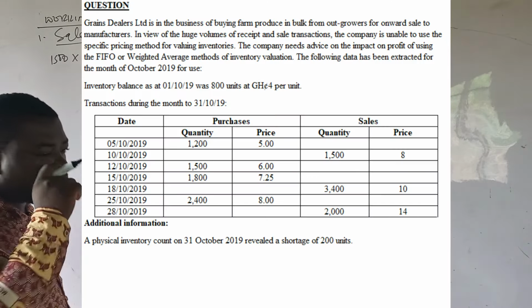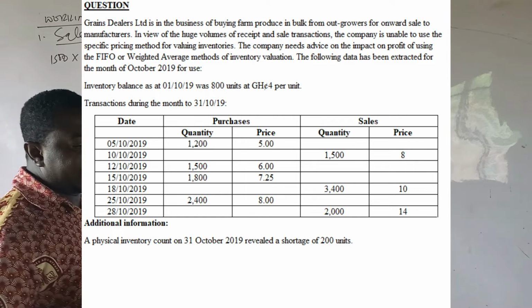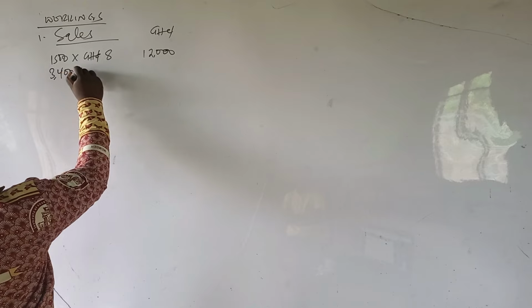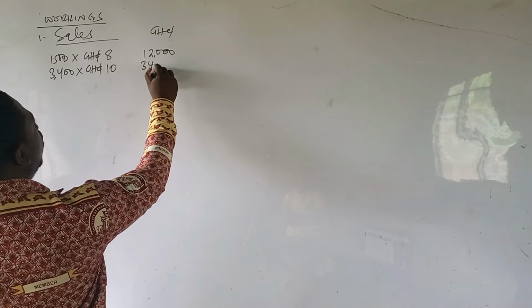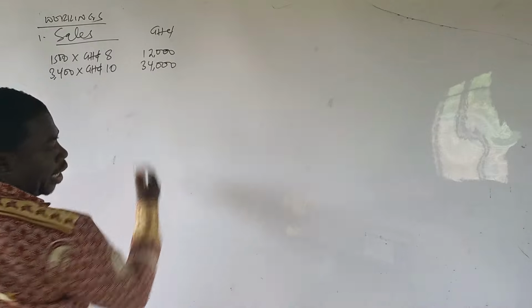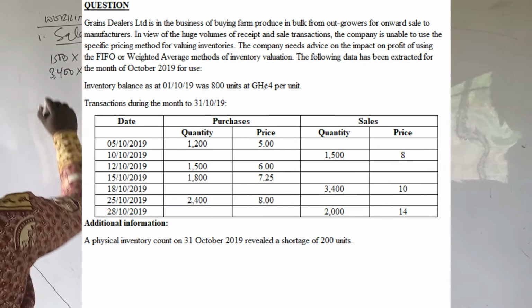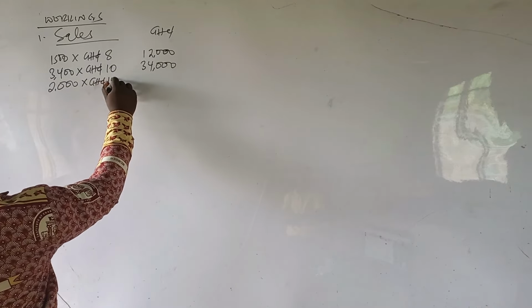And then the second one was on the 18th. That was 3,400 at 10. So 3,400 times 10 cedis, and that is going to give us 34,000. And the final one was made on the 28th, 2,000 at 14 cedis. So 2,000 times 14.